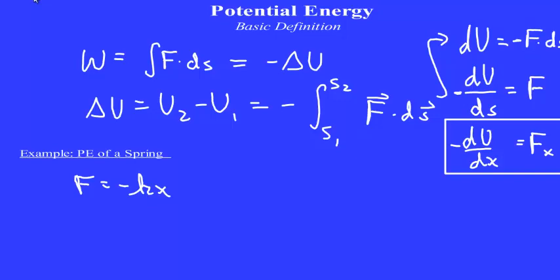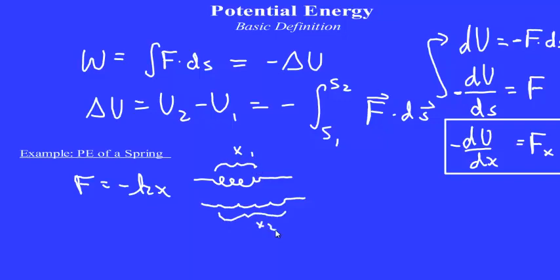We can apply this to a system in particular, like an example of a Hookean spring. A Hookean spring is simply a spring that obeys Hooke's law. So we have the force here, and let's say we stretch this spring from that configuration to here, so this would be x1 and this would be x2.